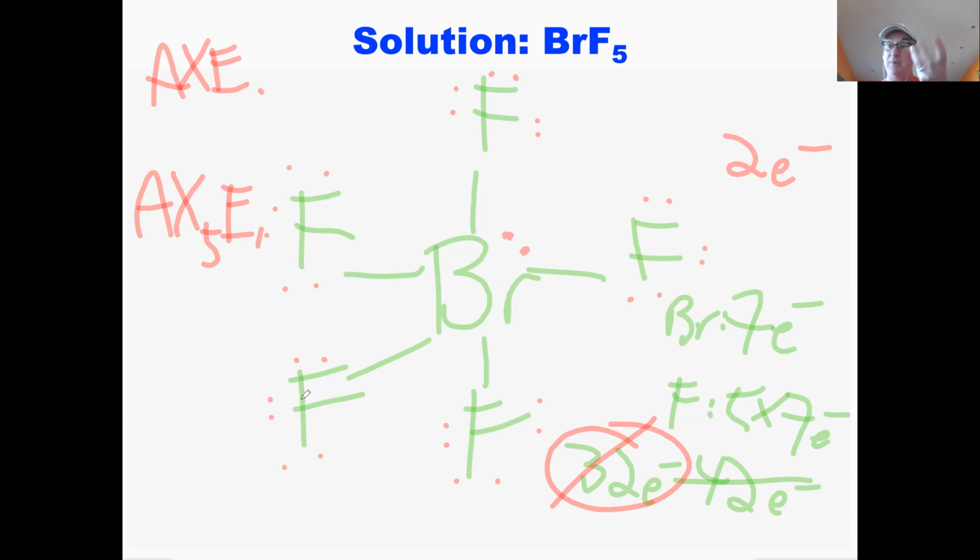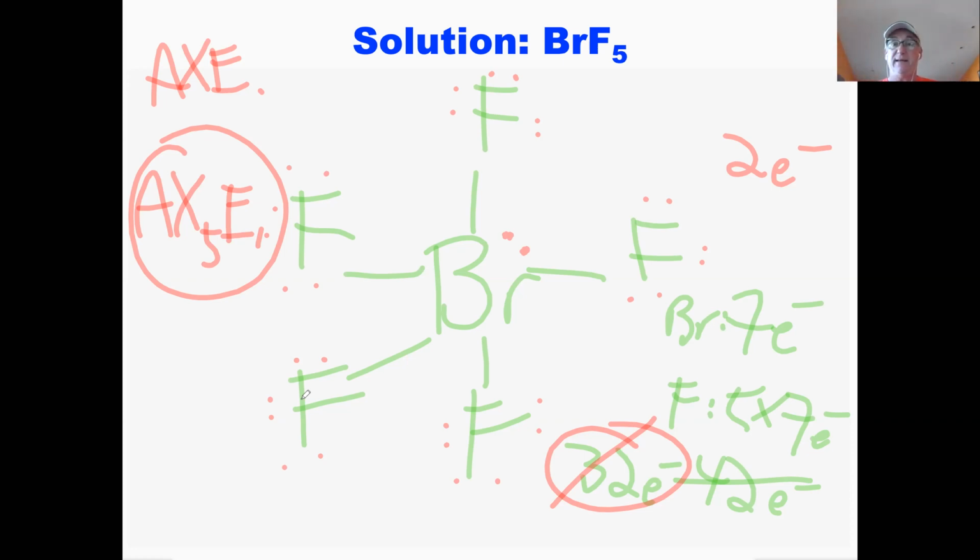We can immediately look at the AXE formula and see that E equals 1. There's a lone pair. That immediately tells us the shape can't be octahedral. The overall geometry is octahedral, but the shape can't be, because the lone pair screws up the overall shape.